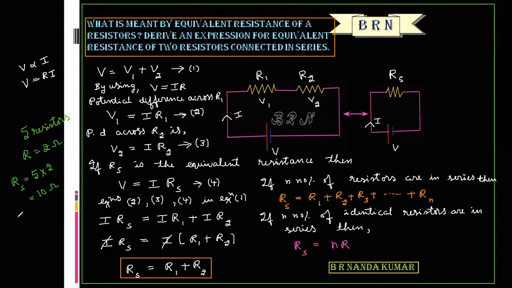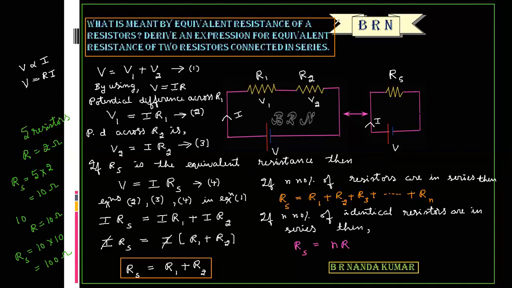Suppose 10 resistors, each one having resistance 10 ohm, are all connected in series. What is the effective resistance? R_s is equal to 10 into 10, that is 100 ohm, right? So if more resistors are connected in series, effective resistance gradually increases.